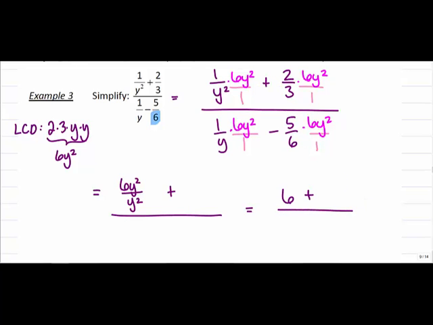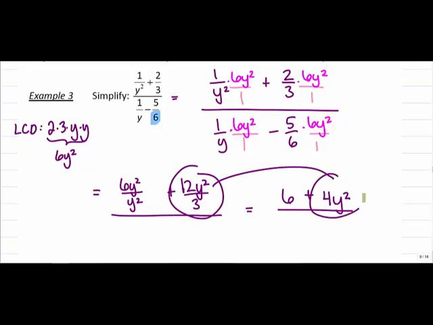You can either recognize that 3 goes into 6 2 times. So you have 2 times 2 times y squared, which is 4y squared. Or if you didn't want to do that, you could have multiplied and gotten 12y squared over 3, which again is still going to give you 4y squared.